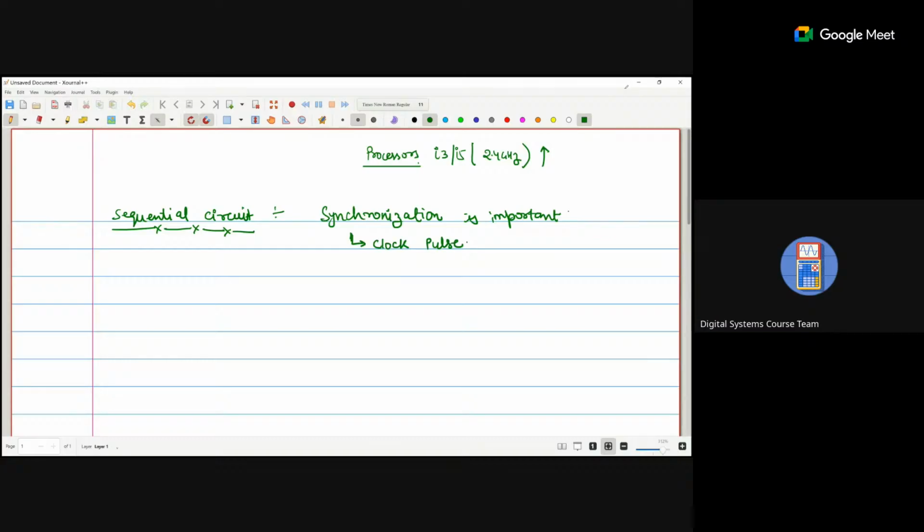The first part of the sequential circuit is basically the latch or flip flop.